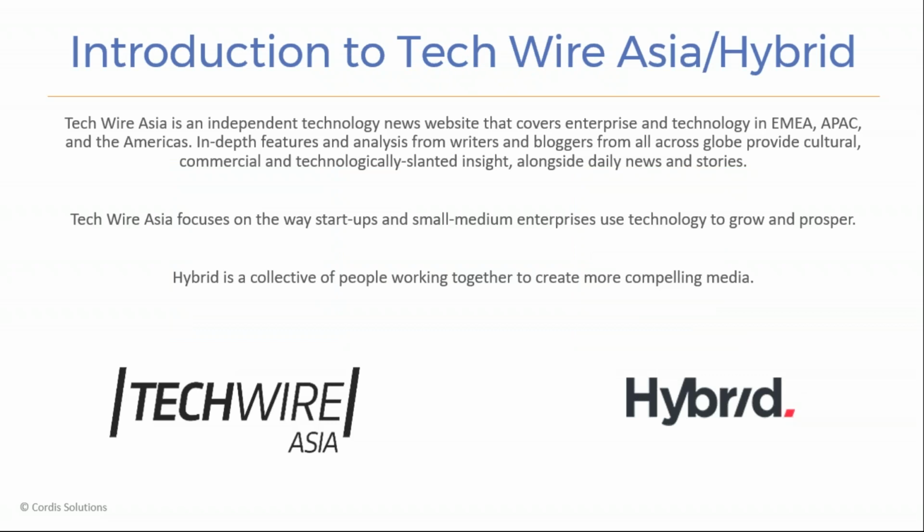So just the ubiquitous introduction. TechWire Asia is part of the Hybrid News Group. We've launched another site at the moment called Tech HQ. But TechWire Asia, its strapline is where business and technology meet. So we look at trends in business technology, things like software, CRMs, ERPs, management software, e-commerce. All sorts of issues and news we cover. We do reviews, we try and provide insights.